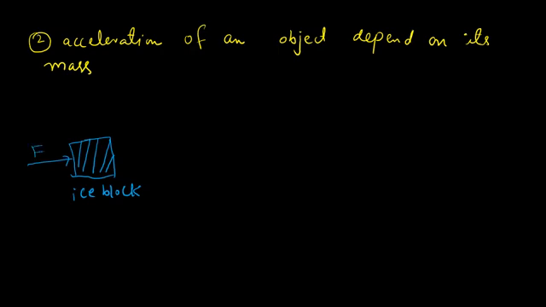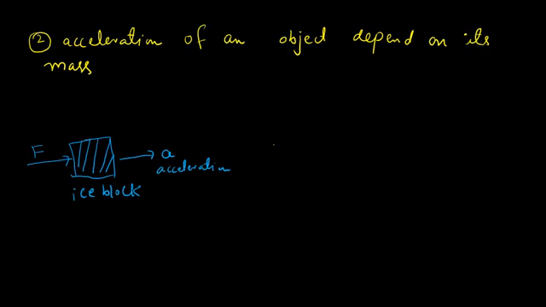then it will accelerate with an acceleration a. So here in this case the acceleration is a. Okay, now we can repeat the experiment. As we have already said that acceleration of an object depends on its mass.